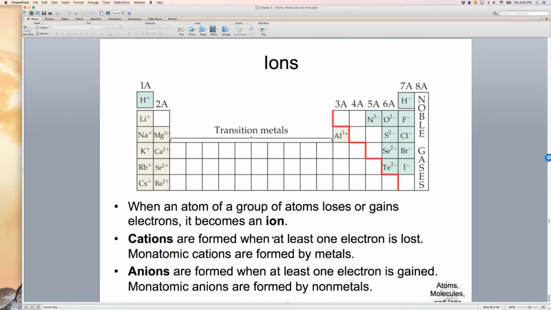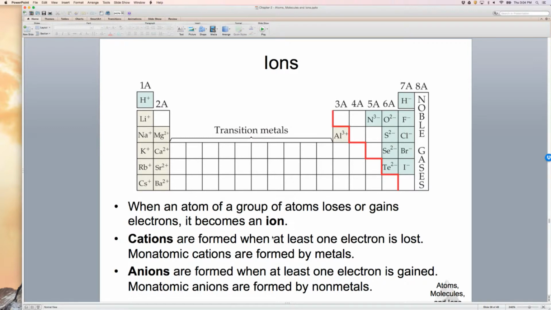Okay, so to become an ion, a charged particle, you have to lose or gain an electron, meaning that the atom itself must pull in an electron from somewhere else or give one away. What we notice is that cations, C-A-T-I-O-N-S, generally speaking, I use the T to remember that it's a plus.